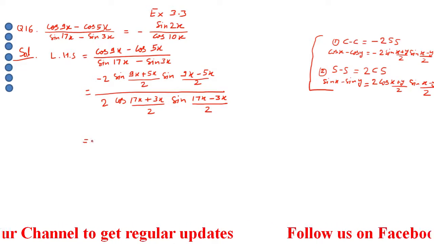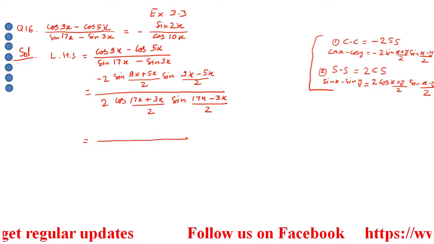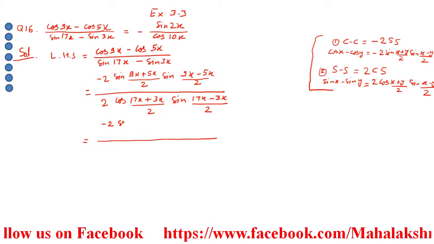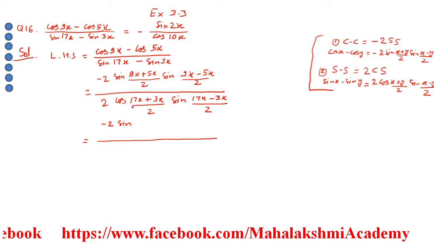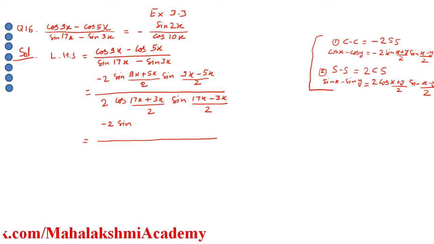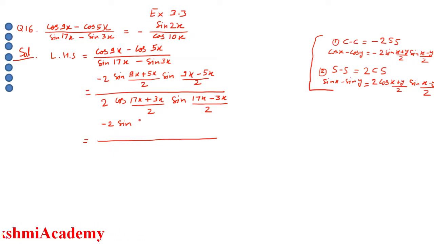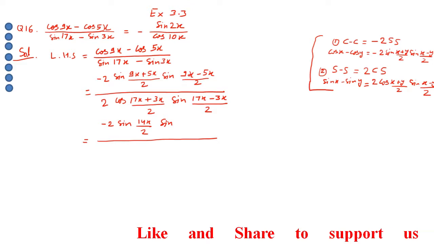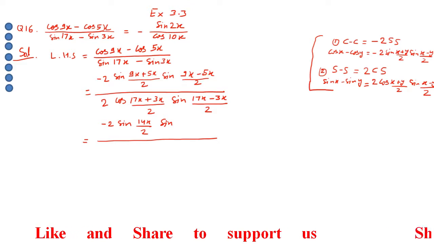Put an equal to sign, then draw a long division line, then minus 2 sin. Now when we add it, how much do we get here? 14x. So 14x upon 2, then again sin, then 9x minus 5x is how much? 4x.